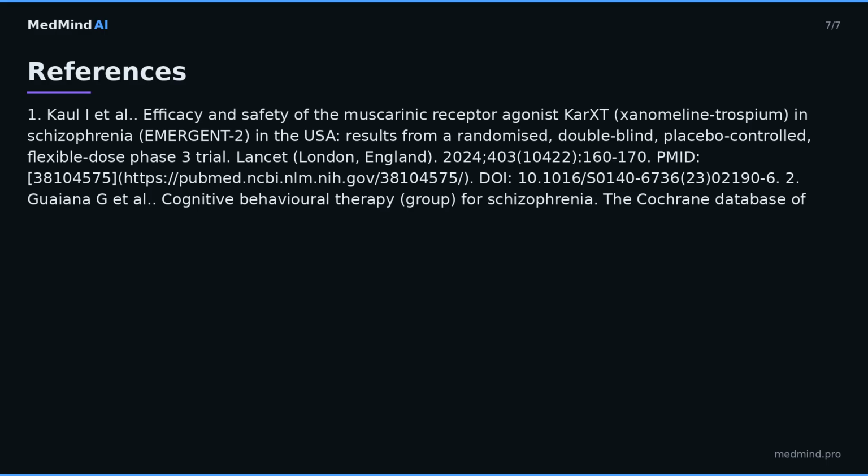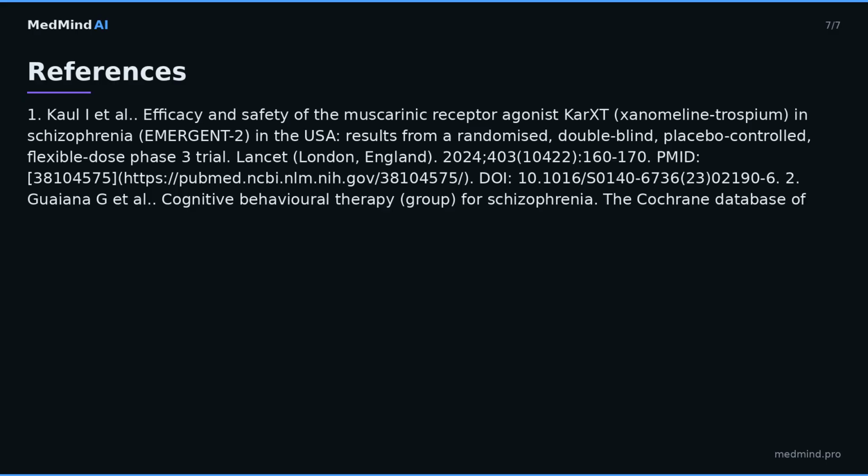PMID 40023172. https://pubmed.ncbi.nlm.nih.gov/40023172. doi 10.1016/S2215-0366(25)00001-X.